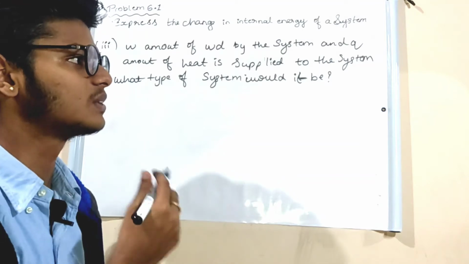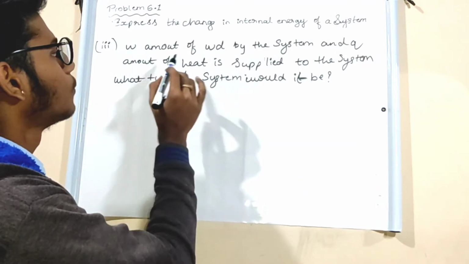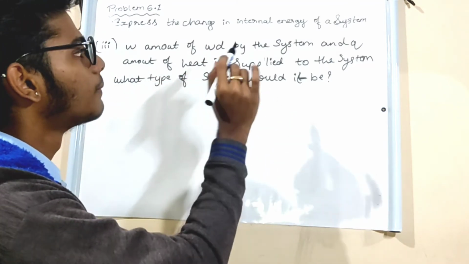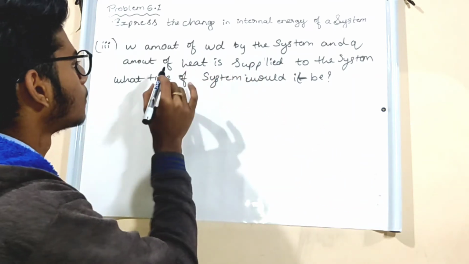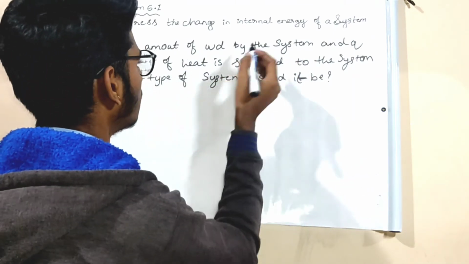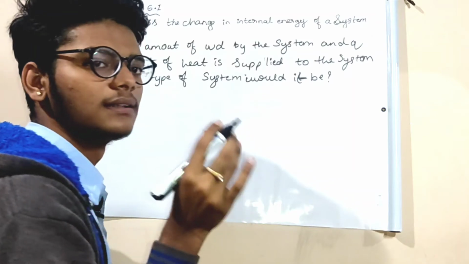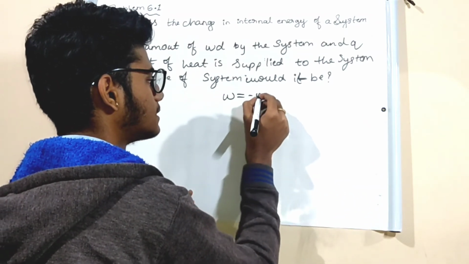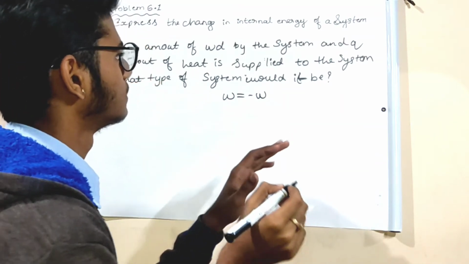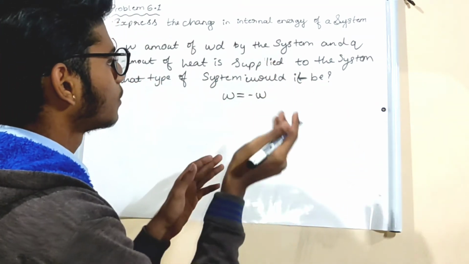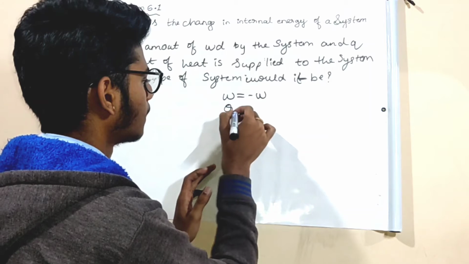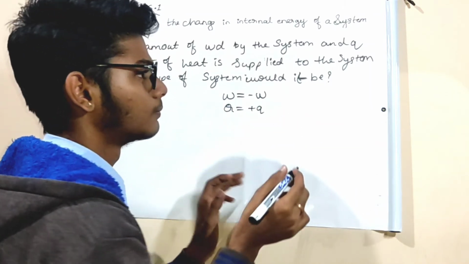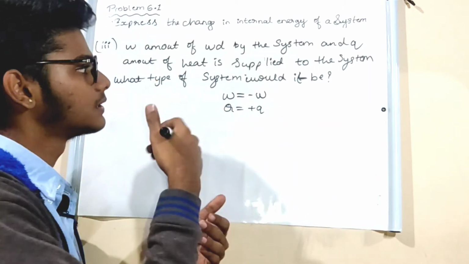Now let us see the third question. W amount of work is done by the system and Q amount of heat is supplied to the system. Work is done by the system, as I told earlier, so work is negative. Q amount of heat is supplied to the system, so Q will be positive.